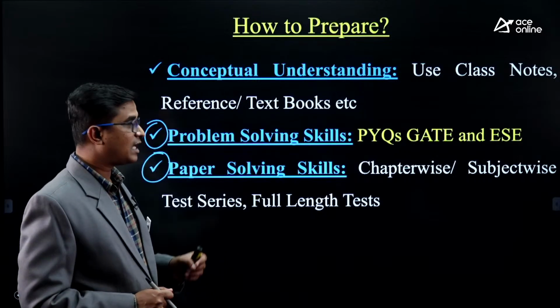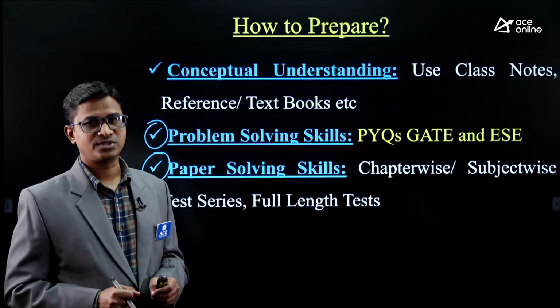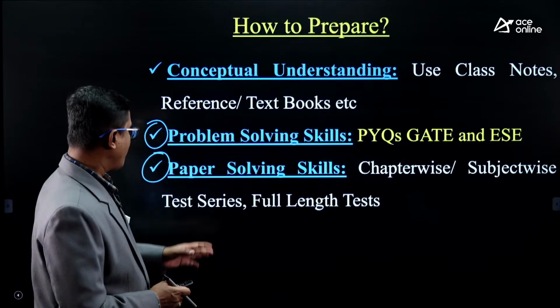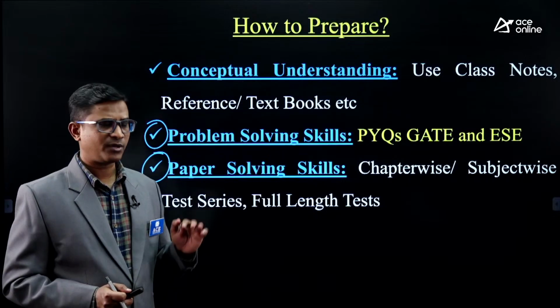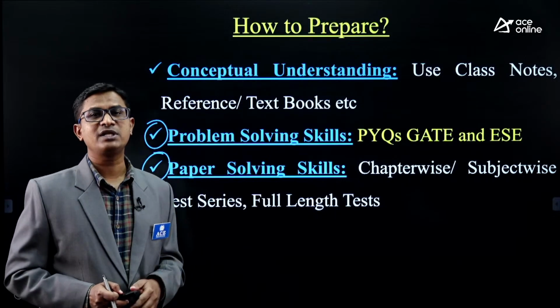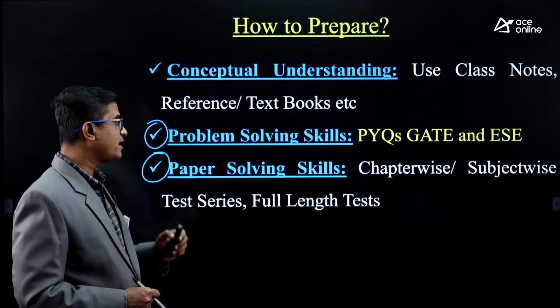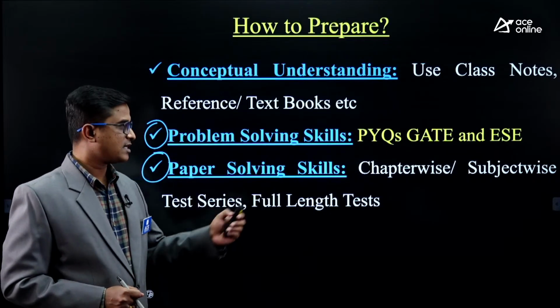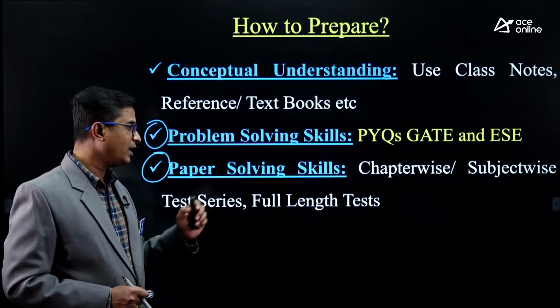Okay? And that makes the big difference between AIR 1 and AIR 1000 if you check. Problem solving skills. How will you improve your paper solving skills? By appearing for the test series, like a chapter wise test series, subject wise test series or full length test.